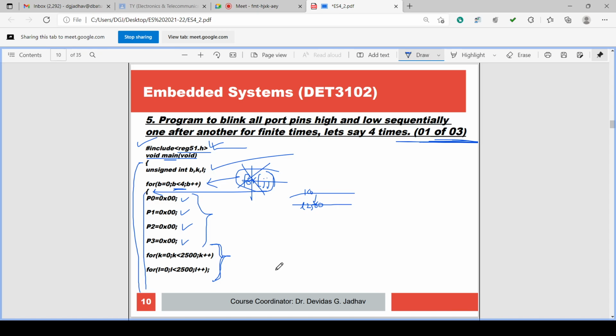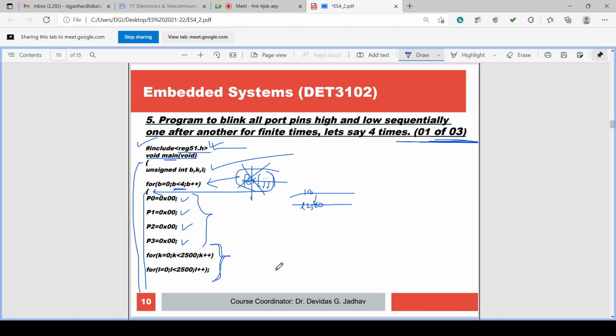Okay, so program 4 and program 5 both are the same. The logic is the same. The only difference is that in example 4, the previous case, it is executing continuously, infinite times, and in program number 5, in this case, it is executing only 4 times.